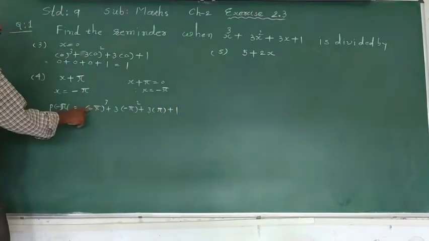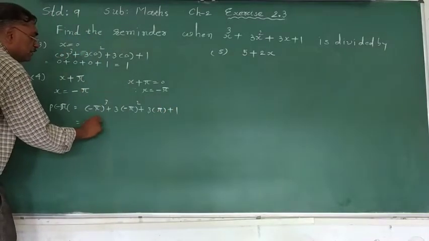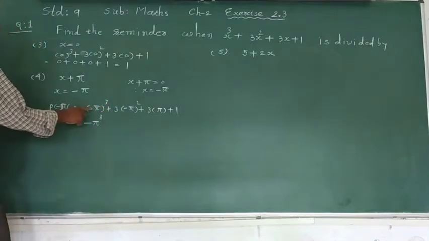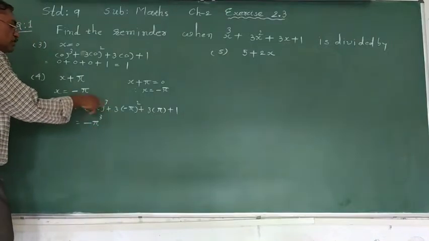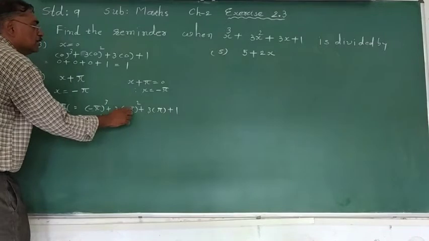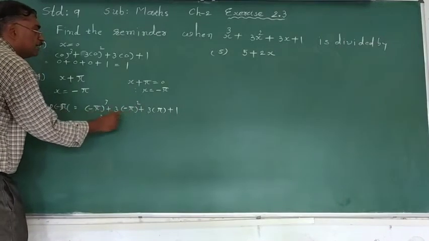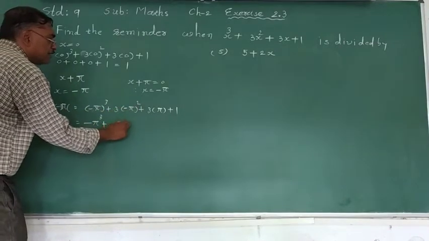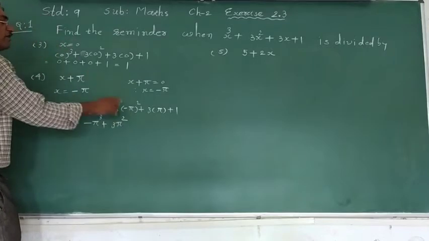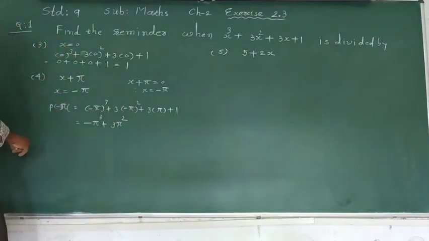Okay, minus 5 cube we will obtain, minus 5 cube, means there is one coefficient, so minus 1 cube is the minus 1. Plus, minus 5 square is 5 square, and 3 multiplied by 5 square will be plus, pair of the minus will be plus.